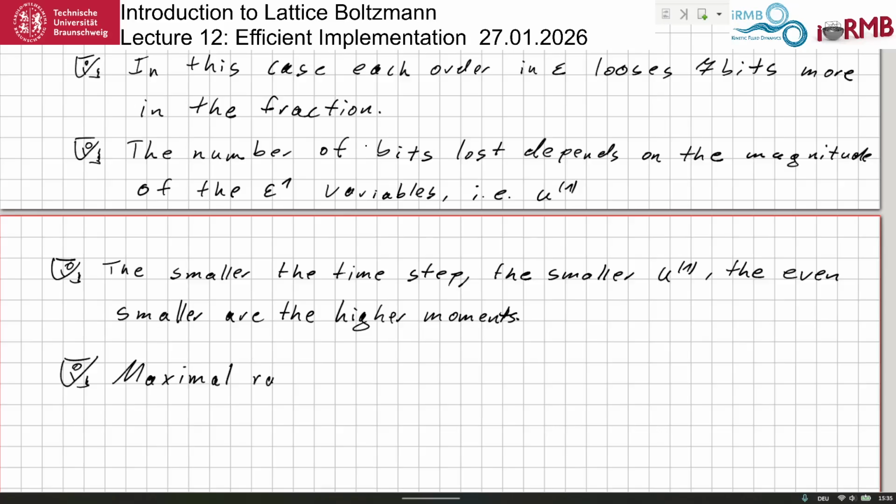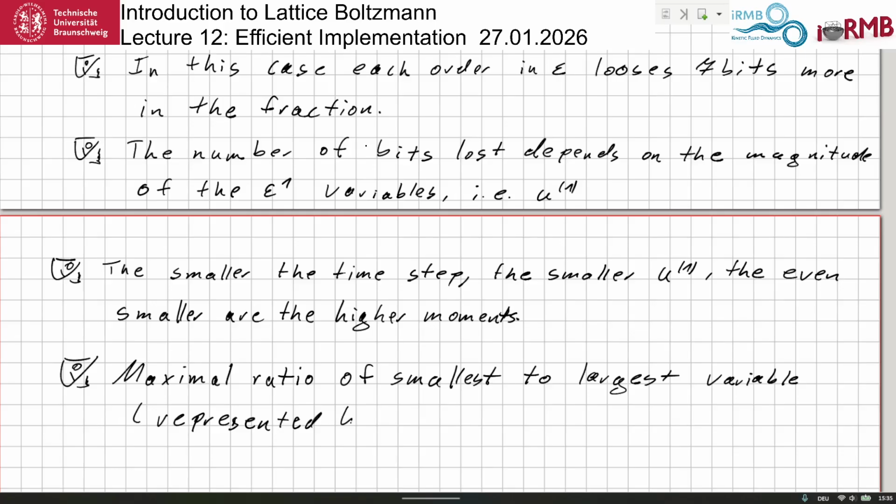So the maximal ratio of the smallest to largest variables. Assuming that the smallest variable is represented by 1 bit, which you could say doesn't make any sense, to represent a variable by being here or not here.